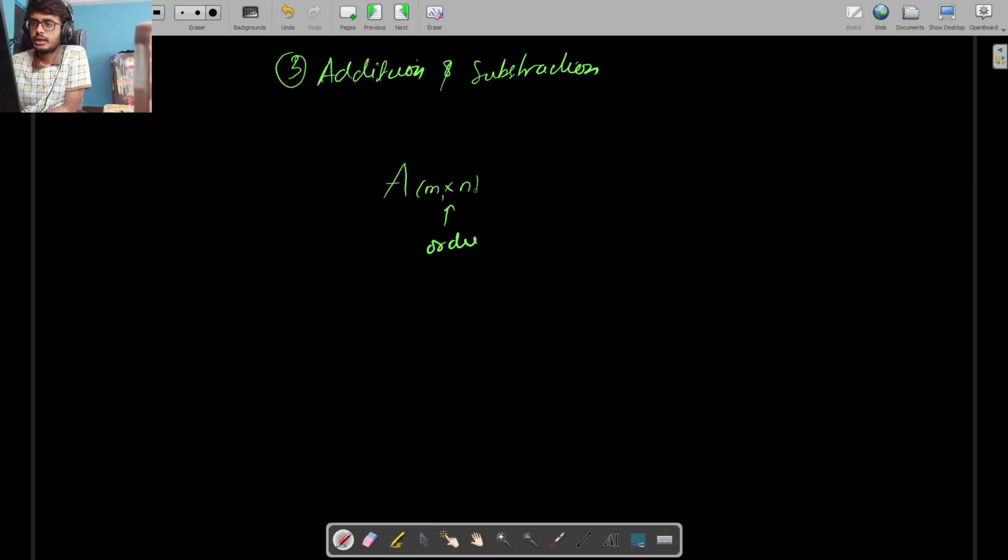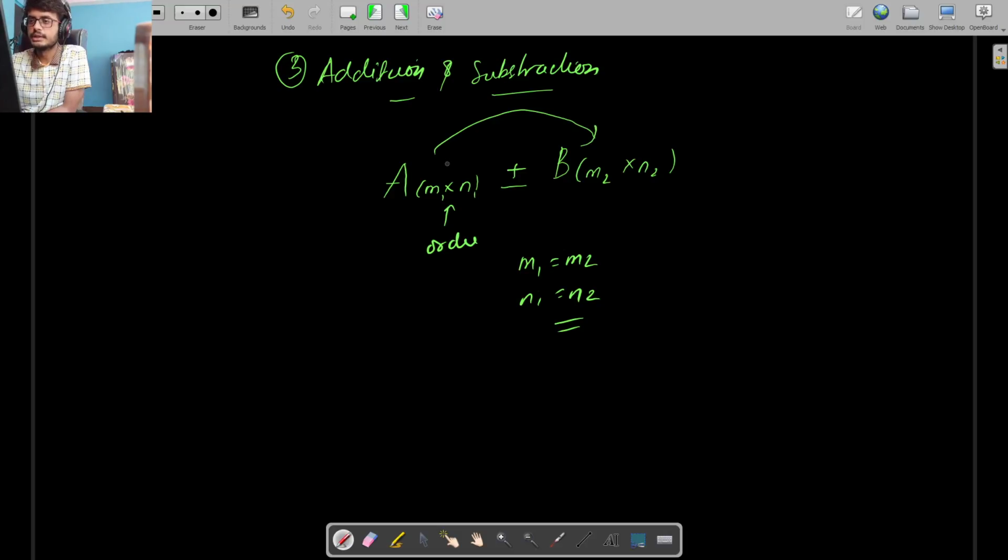Let's say this is m1 n1, and I have another matrix B with m2 number of rows and n2 number of columns, right? So now you can add or subtract these two matrices only if m1 equal to m2 and n1 equal to n2. So the property of addition and subtraction can only be possible between two or more matrices if their orders are equal.